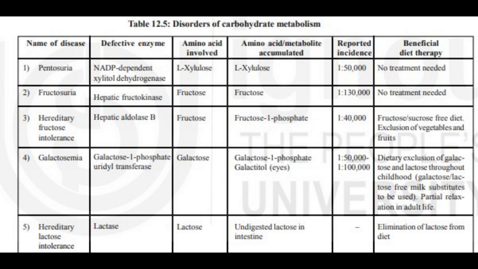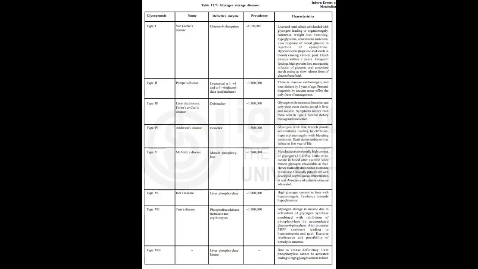Galactosemia. Vomiting, failure to thrive, fever, jaundice, hepatomegaly, liver cirrhosis, cataracts, mental retardation. 5. Hereditary lactose intolerance. Abdominal cramps, diarrhea, flatulence. Production of gases like H2 and CO2 and short-chain acids, all of which serve as intestinal irritants.